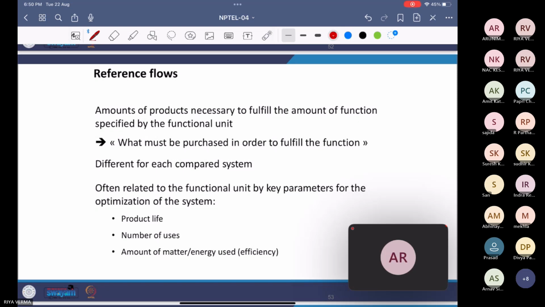Like earlier, we did that exercise for the incandescent bulb and CFL bulb. So, the reference flows are the amount of products that we calculated for all the steps, the input and output values, and what must be purchased in order to fulfill the function.